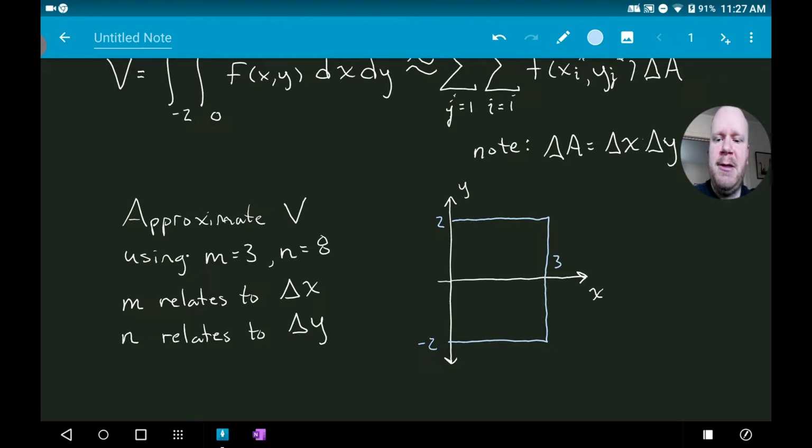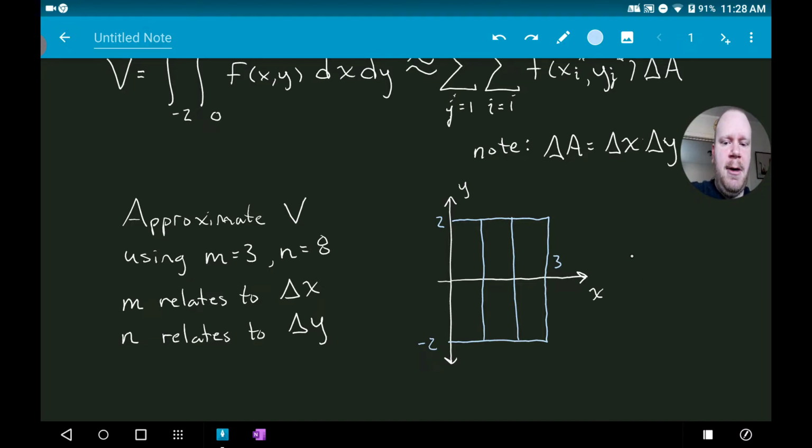So when we approximate, m is going to be equal to 3. That means that we want 3 sections in here. So that one's going to be fairly easy to figure out. If we separate this in 3 compartments, we get 1 and 2 for each of those.